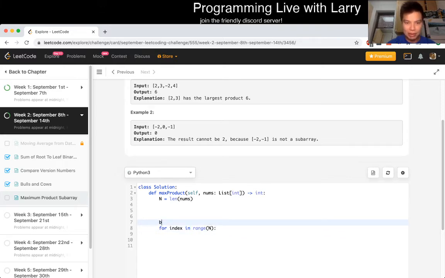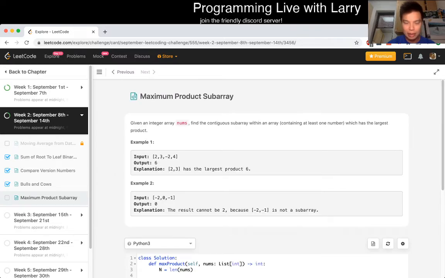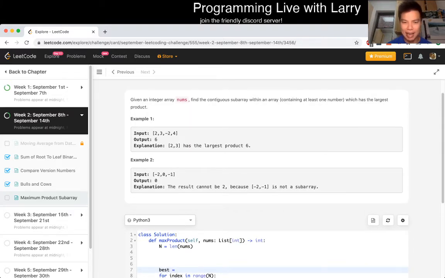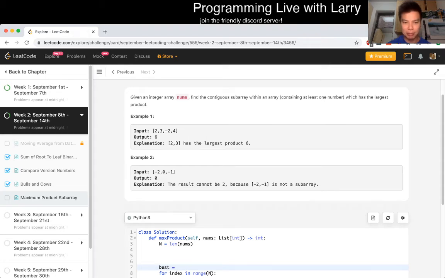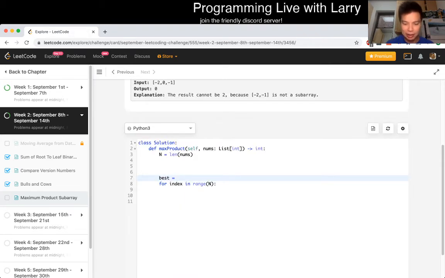Let's say we have a best result. The other thing that I have to think about for the base case is that it could actually be negative, right? Negative could be your largest product. If you have one negative number, then that would be your largest product. So let's set this to negative infinity.